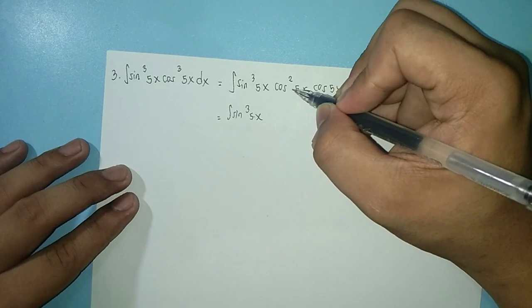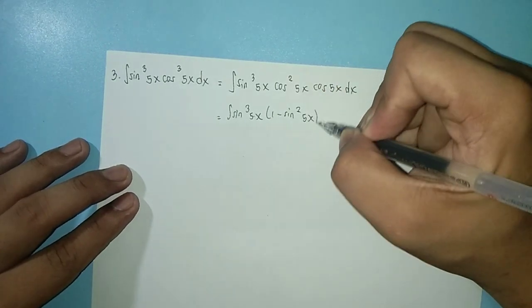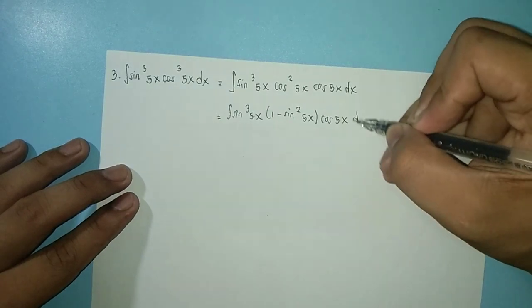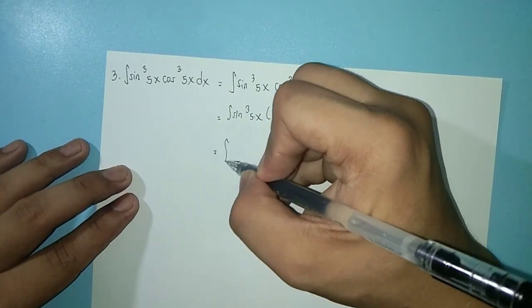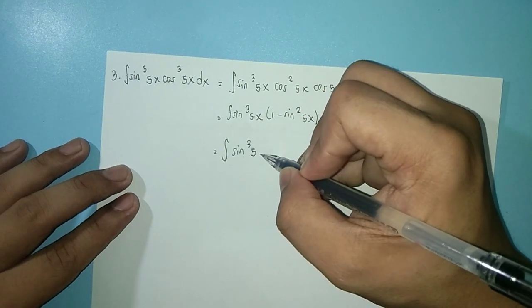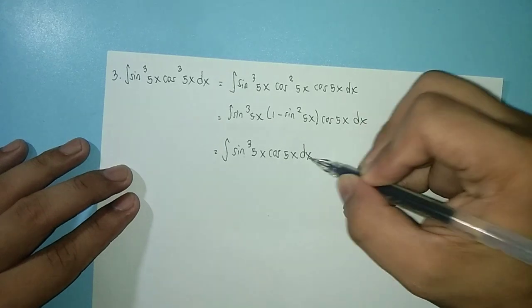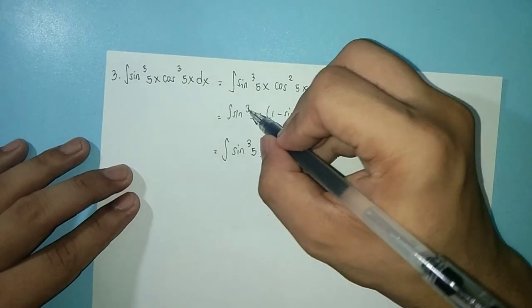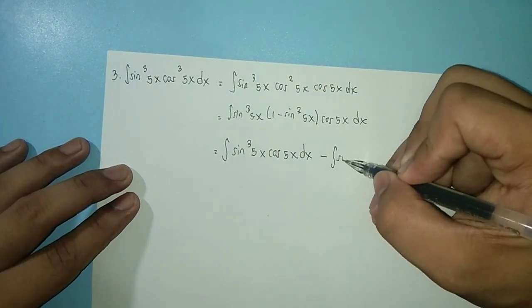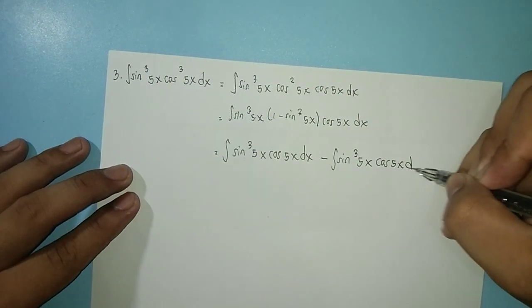So, square of cosine 5x, magiging 1 minus square of sine 5x, cosine 5x. Then, distribute. So, magiging 1 lang naman yan. Square, cube of sine 5x, cosine 5x, dx, minus, ito naman 2 plus 3, so raised to 5, cosine 5x, dx.